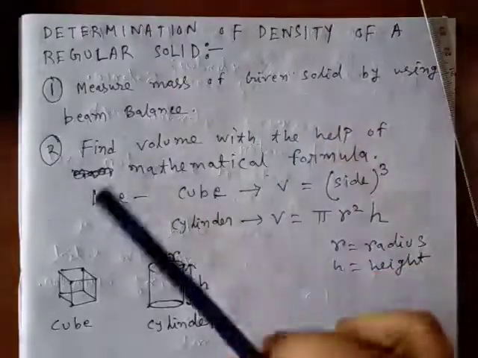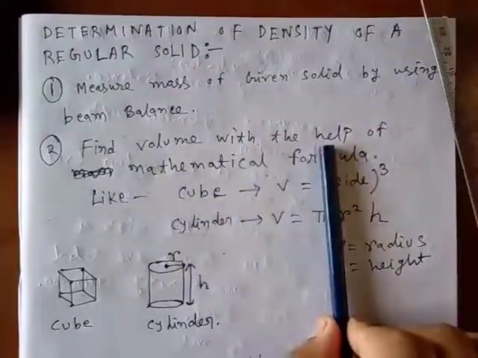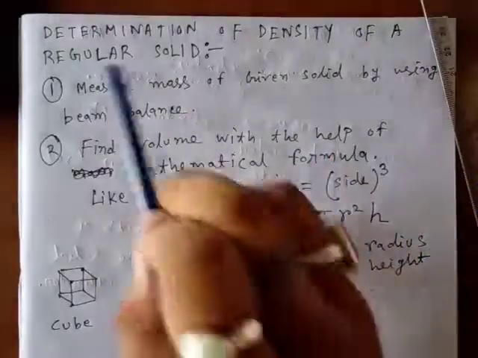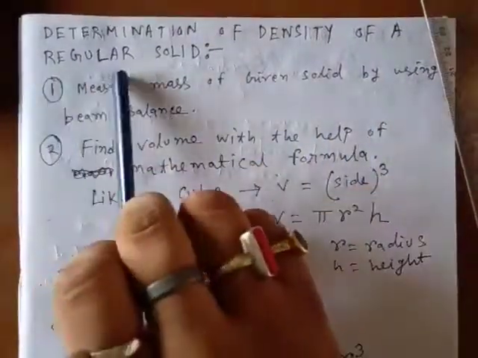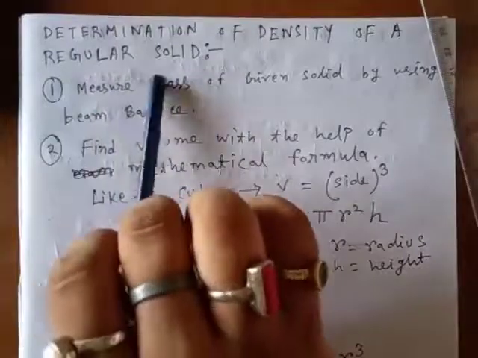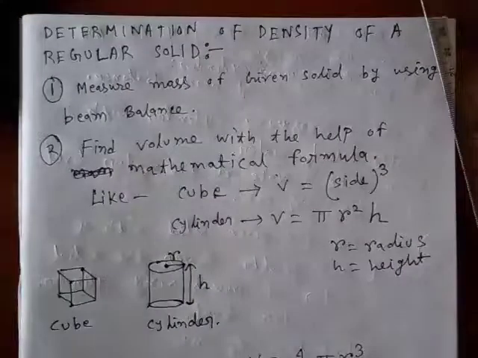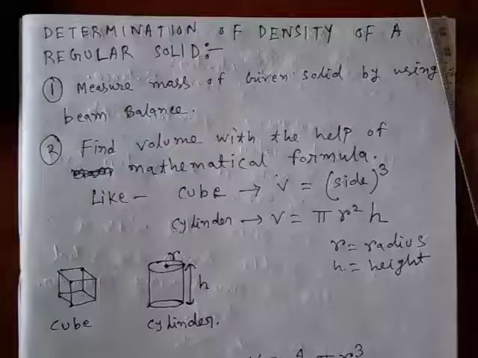Now to find the volume we can use the mathematical formula. I have already told you this is a regular solid. Regular solid means it has a specific geometrical shape which has a specific volume.